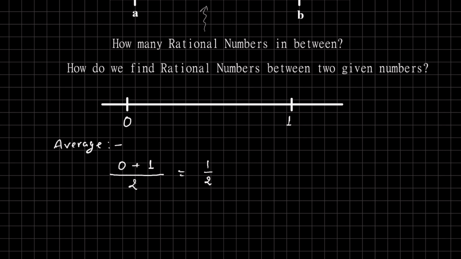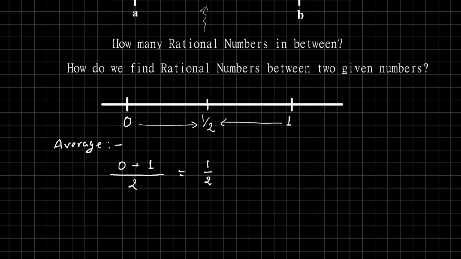So taking the average of two numbers, we get a number which is halfway between both numbers. So here the average of 0 and 1 gives 1 half, which is halfway between 0 and 1.